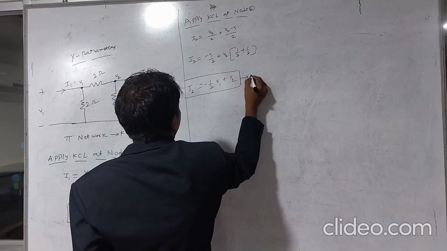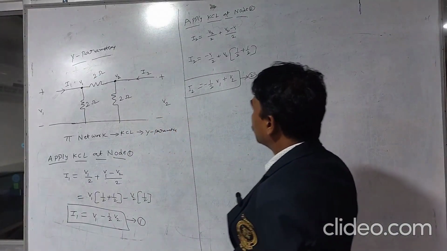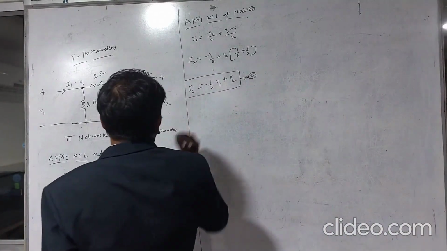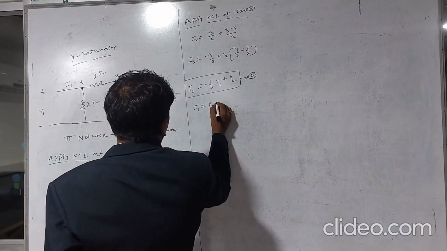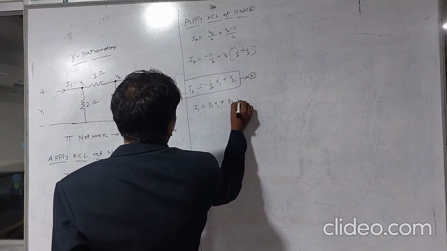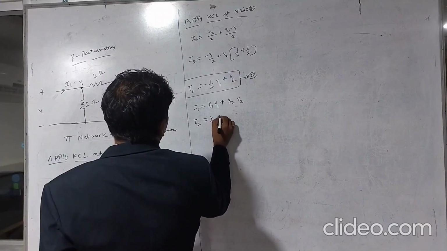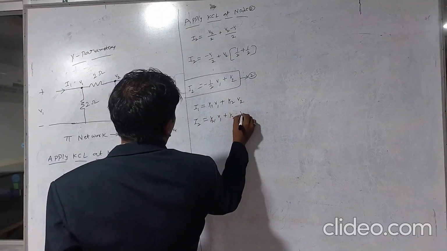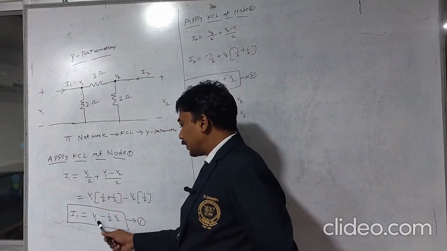Now we have the corresponding node equations at node number 1 and node number 2. The generalized Y parameters: I1 equal to Y11 V1 plus Y12 V2, I2 equal to Y21 V1 plus Y22 V2. Now I can take the first equation where I1 equal to V1 minus 1 by 2 V2.